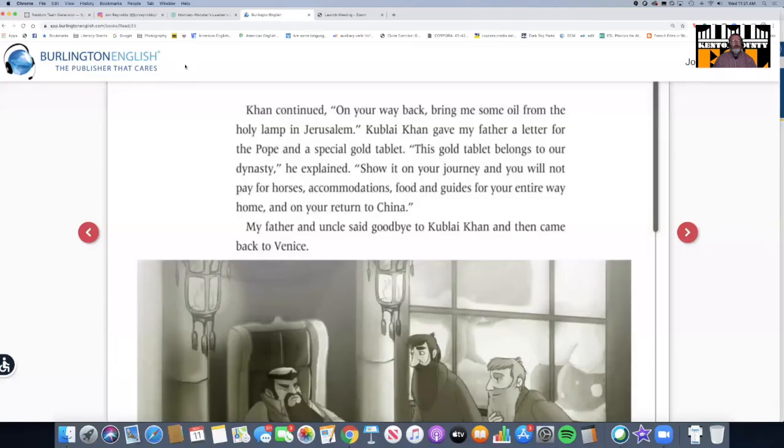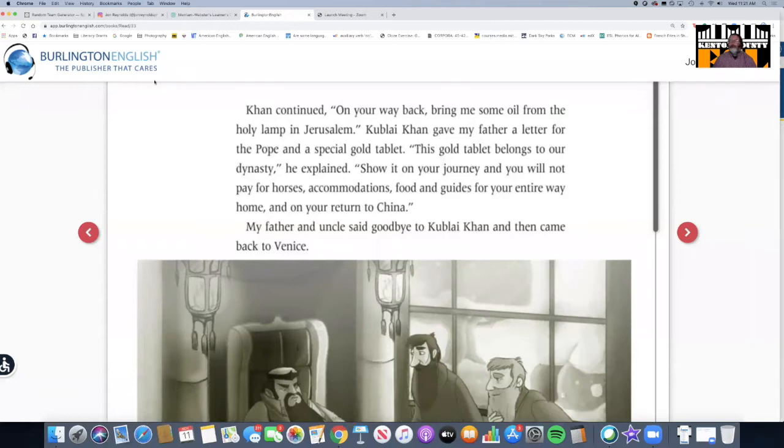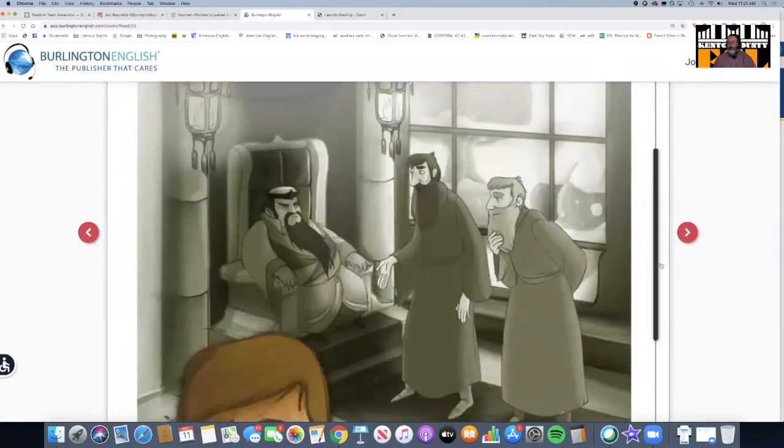Okay, so first off, let's look at the story. So I'm going to bring up the story here on the screen. So let me do that right now. Okay, so here on the screen is page 8 from the Marco Polo story.